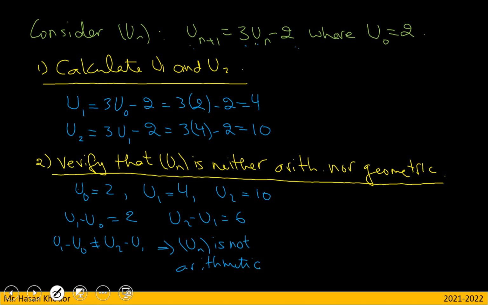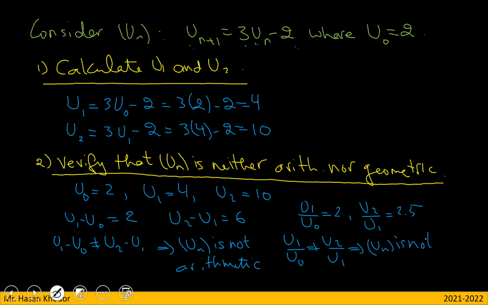Now, is it geometric? Let's check. I have u1 divided by u0 is equal to 2. u2 divided by u1, 10 divided by 4, is 2.5. As these ratios are different, what does this mean? This means that un is not geometric.